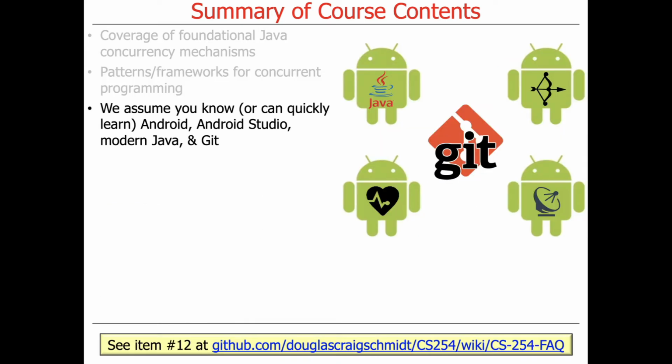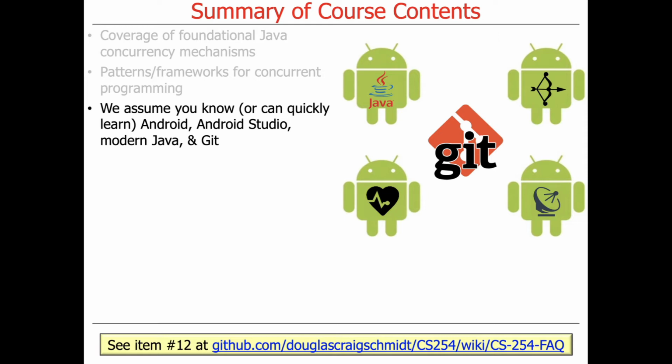I'm assuming that you either know or can quickly learn Android, and you don't have to know that much about Android. Android Studio, you do have to know enough about Android Studio to get your projects loaded and run and debugged. Modern Java, and this really focuses largely on things like the functional interfaces, lambda expressions, method references.